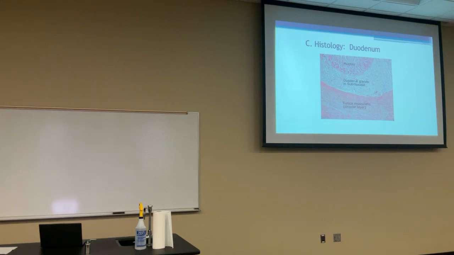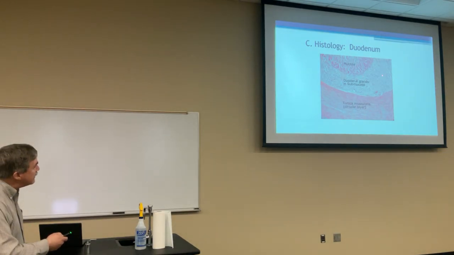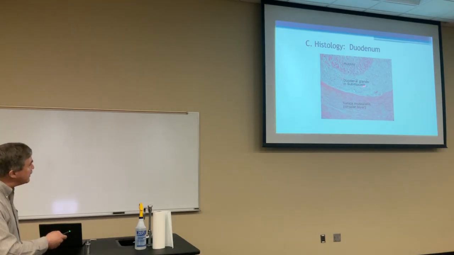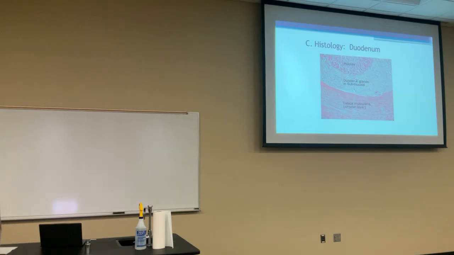So, for example, if you look at a cross-section of the duodenum, the submucosa of the duodenum, and this is kind of hard to see because they're so small. But the submucosa of the duodenum, which is this layer right here, is just packed full of glandular tissue.